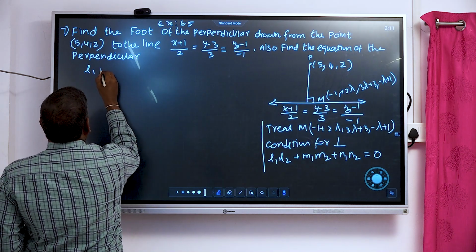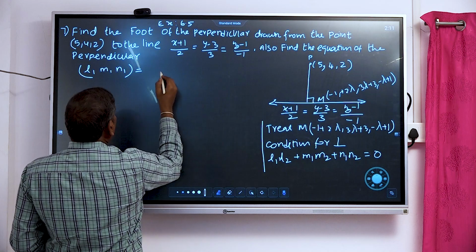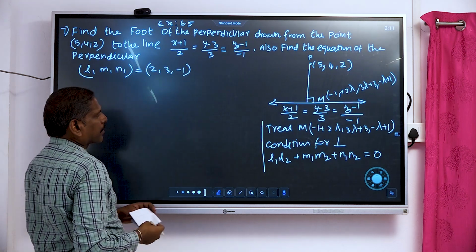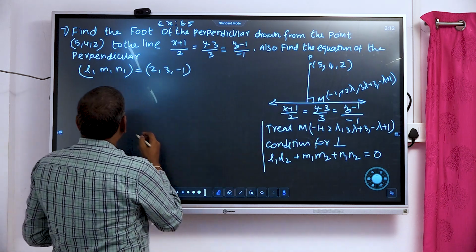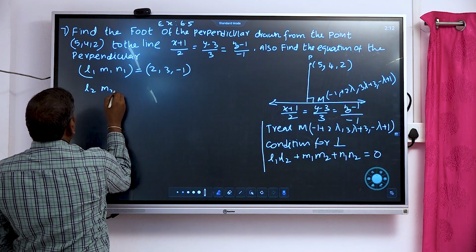L1 M1 N1, take the value from the line, that is 2, 3, minus 1. This is the direction ratio of the straight line. And how to get the direction ratio of the perpendicular, called L2 M2 N2.